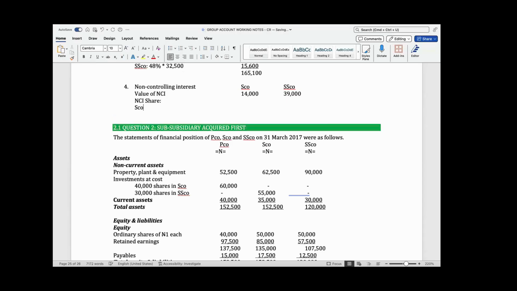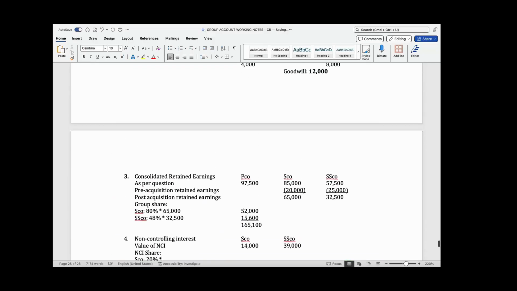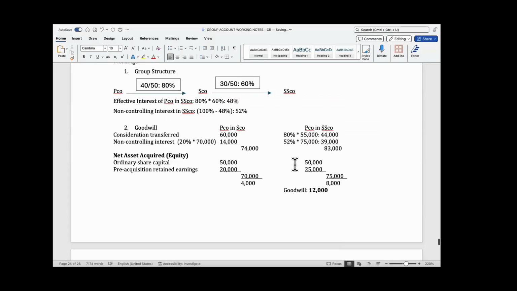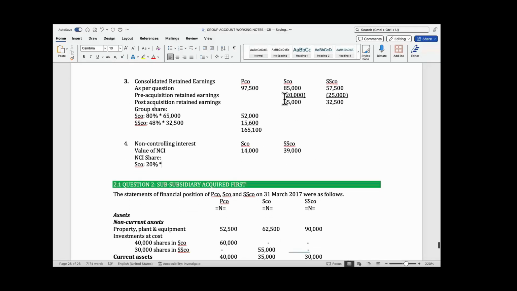So in ESCO, NCI will get 20% of the retained earnings of ESCO, which is 65,000. So what does that give us? 13,000.